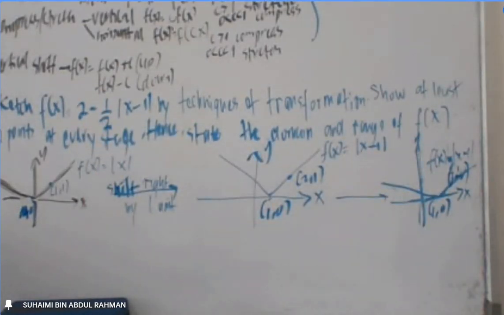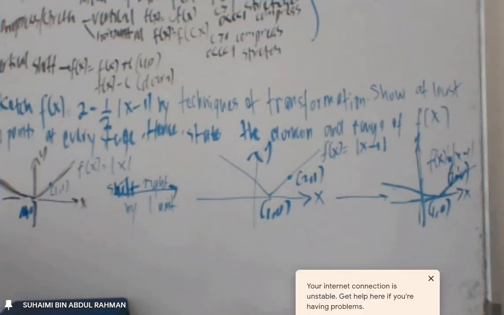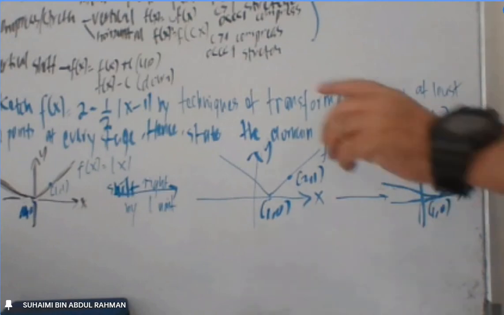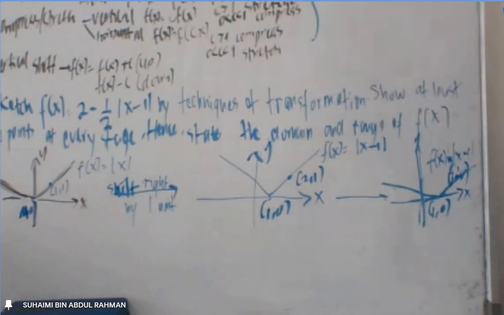So if negative, what happens? Reflect. Reflect about what, x or y? About x. Yes, reflect about the x-axis. But why about the x-axis, not about the y-axis?